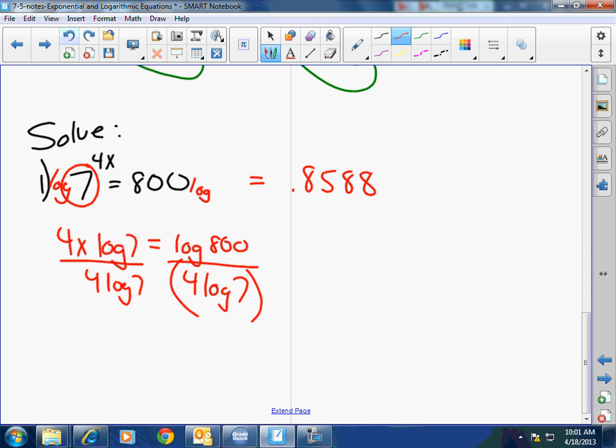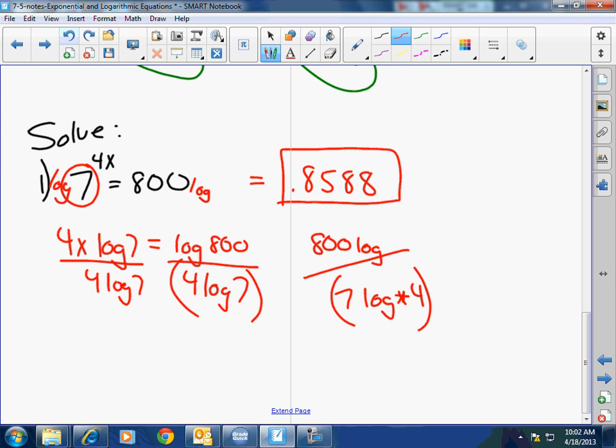If you're doing backwards calculator, it's 800 log divided by parentheses 7 log times 4, close parentheses. Either way, you get 0.8588. Does that make sense, guys?